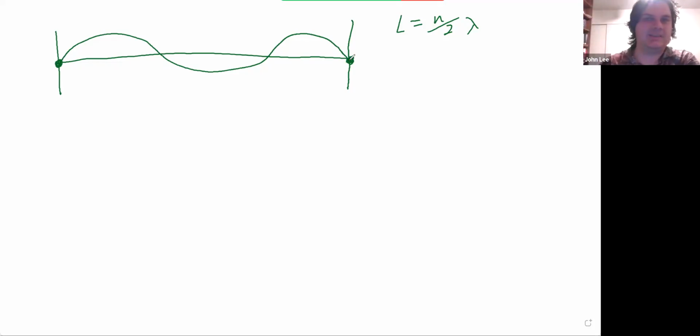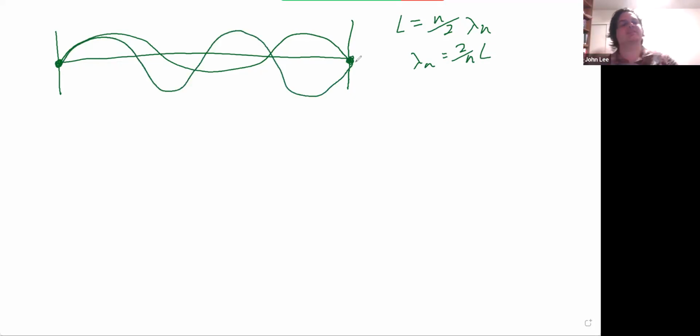So for that to be the case, the wavelength has to be equal to 2 over n times L, because you're only going to be allowed wavelengths where at x equals 0 and x equals L, the y values are equal to 0.